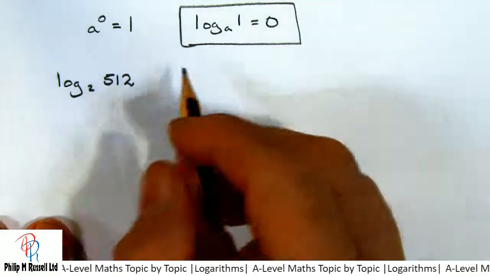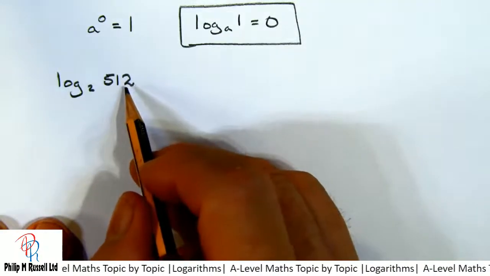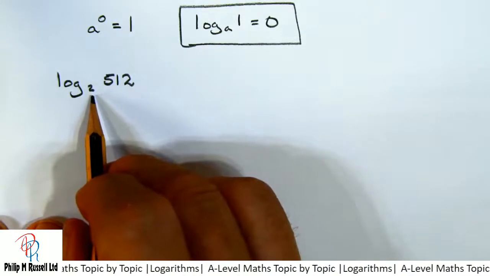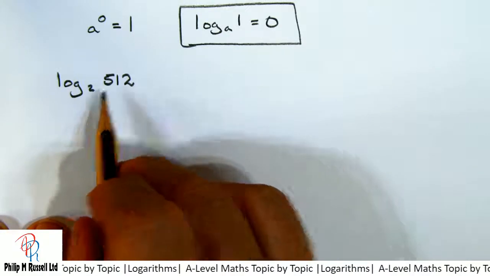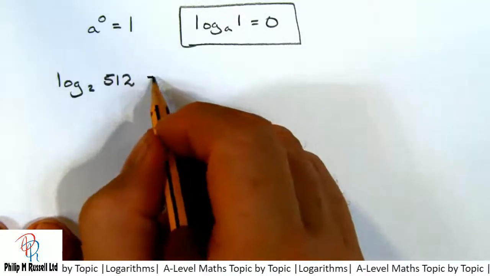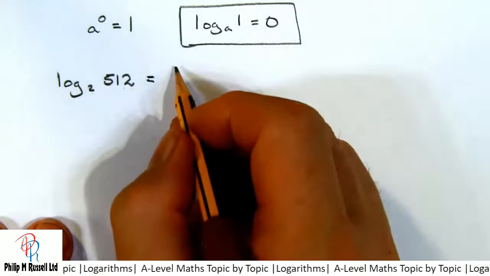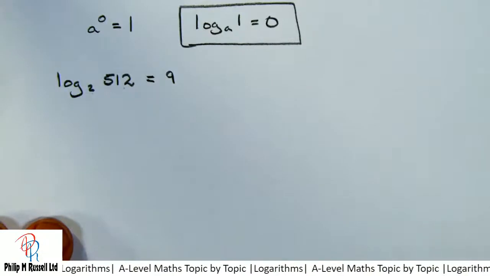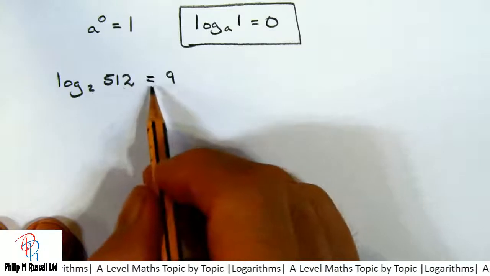So this is the same as being asked, what is 512 as a power of 2? Now, I know, because I've played with this many times, that log to the base 2 of 512 is 9. We could work that out on the calculator just as easily.